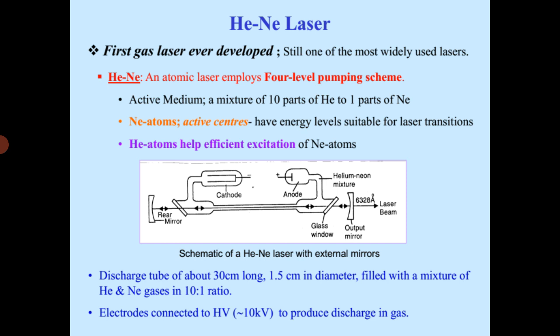The ratio is 10:1. If we put 10 helium atoms, then we add one neon atom. Electrodes are connected to a high voltage of about 10 kilovolt to produce discharge in the gas.